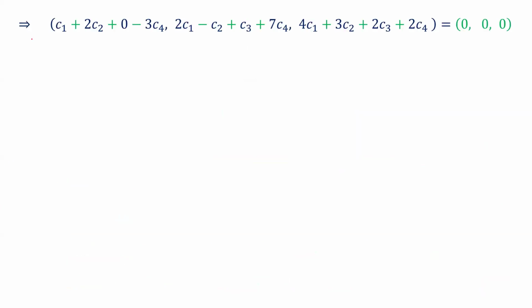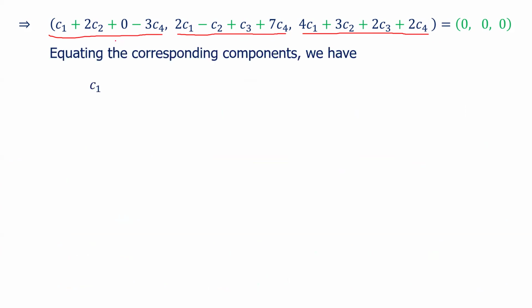We have C1 plus 2C2 plus 0 minus 3C4, 2C1 minus C2 plus C3 plus 7C4, 4C1 plus 3C2 plus 2C3 plus 2C4 equal to 0, 0, 0. So these two vectors are equal. Therefore, their corresponding elements will also be the same.